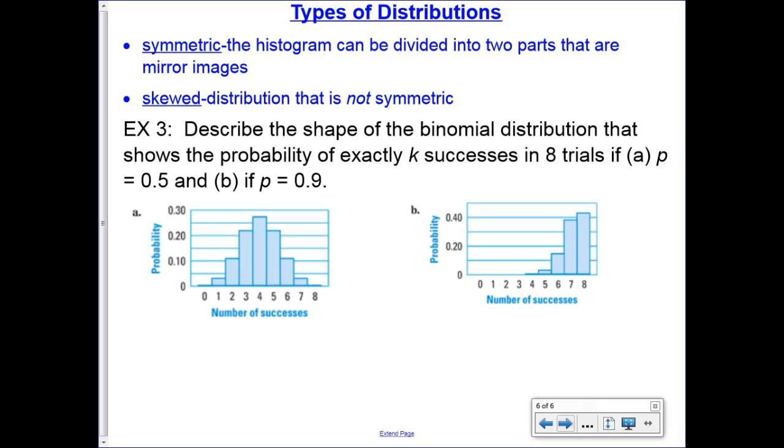Whereas in part B, with a 90% success rate, there's a much higher chance that you're getting 7 out of 8 or 8 out of 8 successes. You can't even see the 0, 1, 2, and 3 successes. So this would be symmetric versus this one would be skewed.